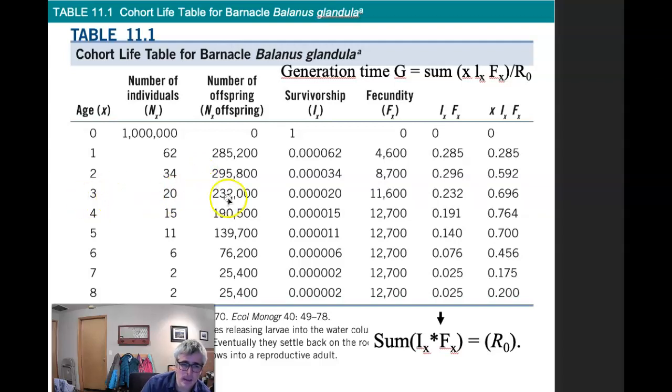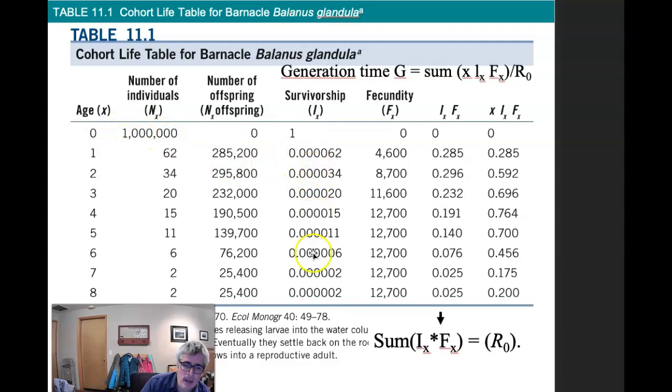Year 3, these 20 surviving individuals produce a total of 232,000, and onward. So this is the number of offspring produced each year by this one cohort. You could total all this up and figure out how many offspring they produced versus how many were in that first cohort.